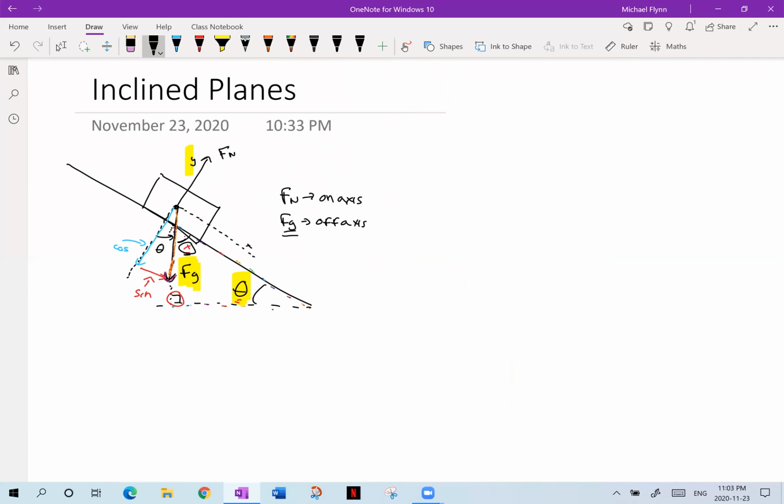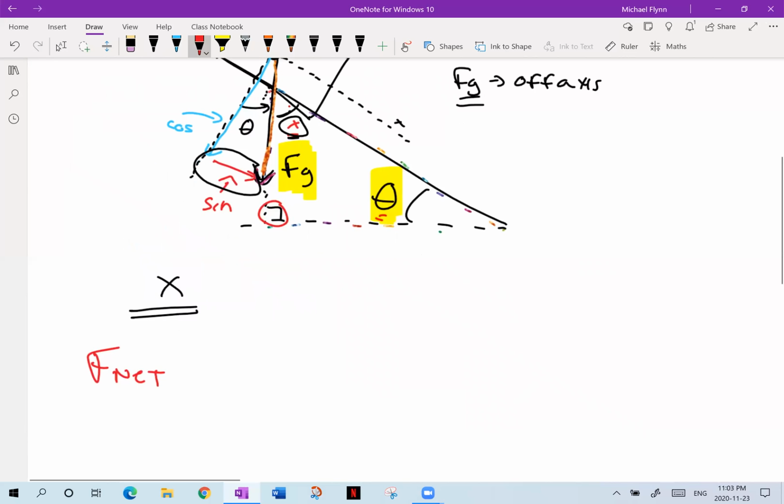So let's take a look at the x component first. And what we'll notice is that there's only one vector in the x direction, and it's this red vector, okay? So the red vector that I drew in the free body diagram is an unbalanced force, and it's in the x direction. So here I'll write it in red so that you get it. The net force, I'll zoom in so it's a little easier for me to write.